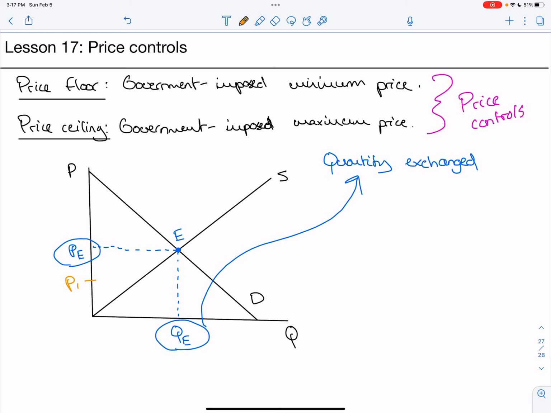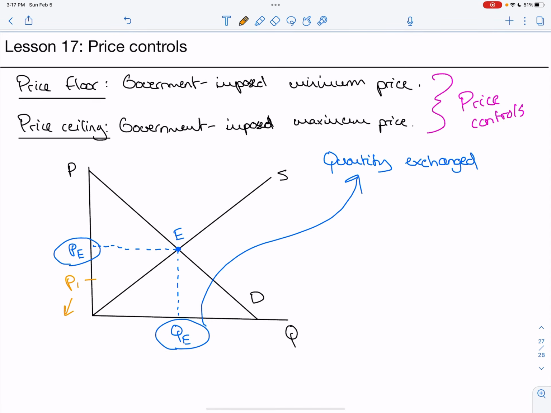Because the government says you cannot charge less than P1, and the firms are like, all right, well, we're already charging PE, which is greater than P1. So P1 as a price floor is completely ineffective. Right? It doesn't do anything. What if the government decided to impose a price floor at PE? Well, same thing, right? Firms are already charging PE, so that would be ineffective.